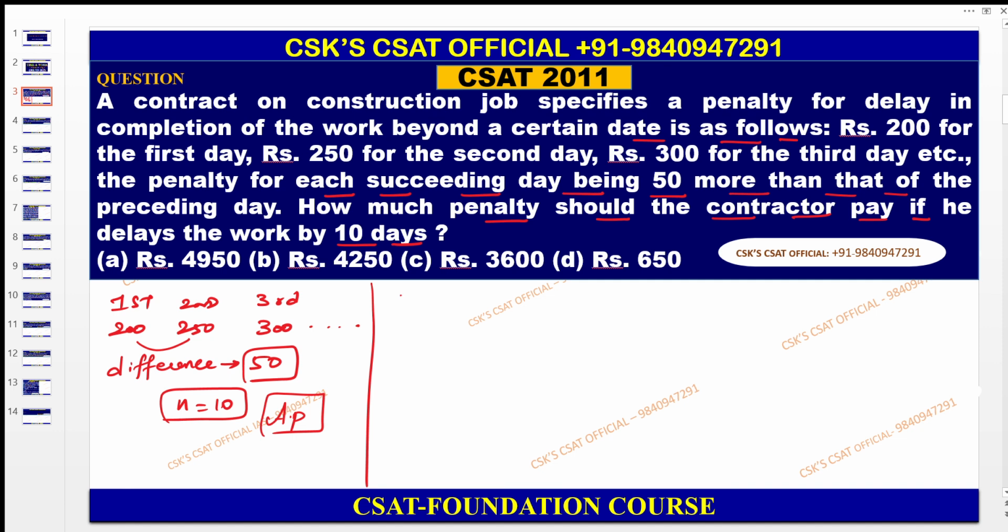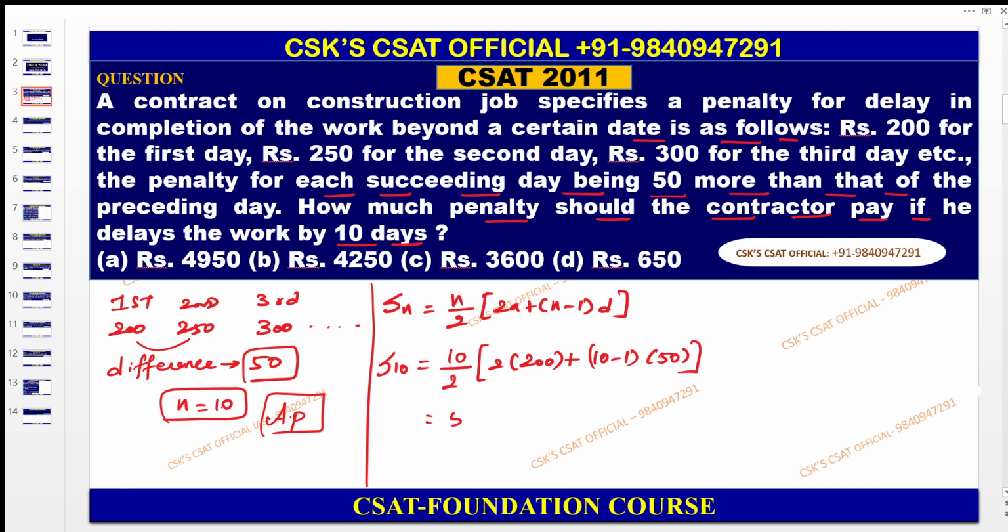Then Sn you can easily form here. Sn is equal to n by 2 into 2a plus n minus 1 into d. So therefore S10 is equal to 10 by 2 into 2a, a is 200, n here is 10, so 10 minus 1 into d, which here is 50.